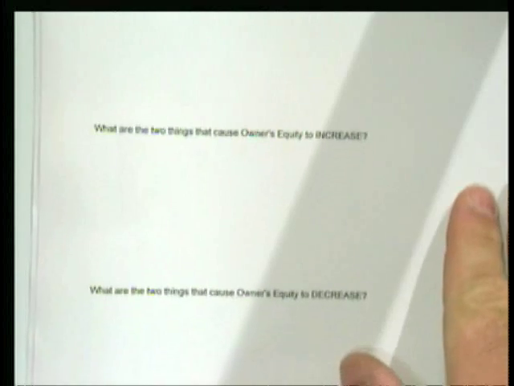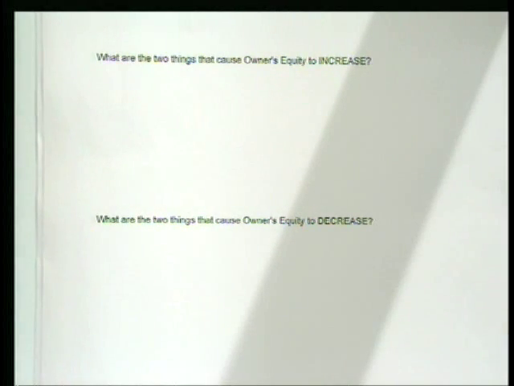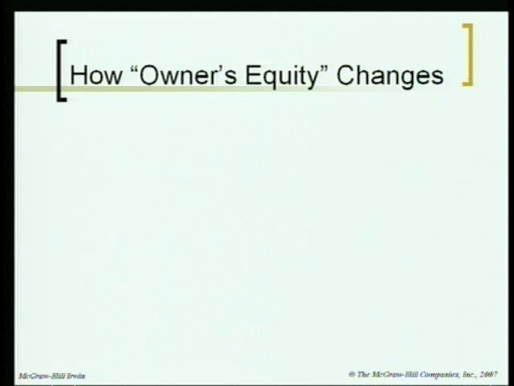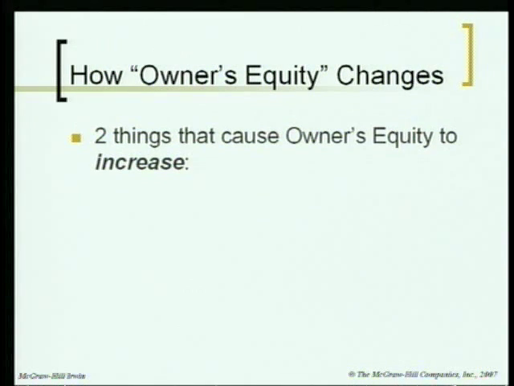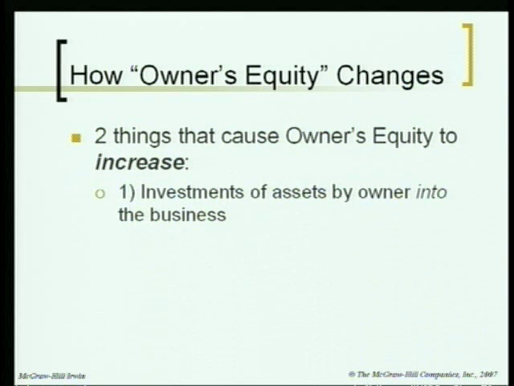Now, the other two questions that I asked are right here. What are the two things that cause owner's equity to increase? And what are the two things that cause owner's equity to decrease? Now, we know from the lecture, I'm going to switch over to the computer, the two things that cause owner's equity to increase are investments of assets by owner into the business and revenue, correct?